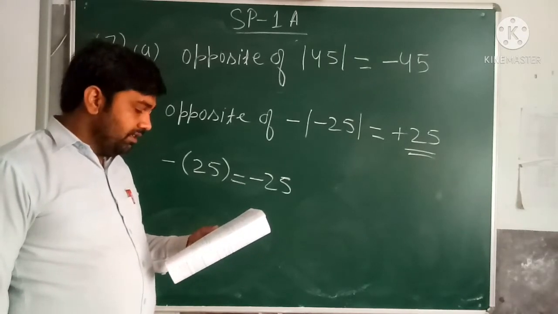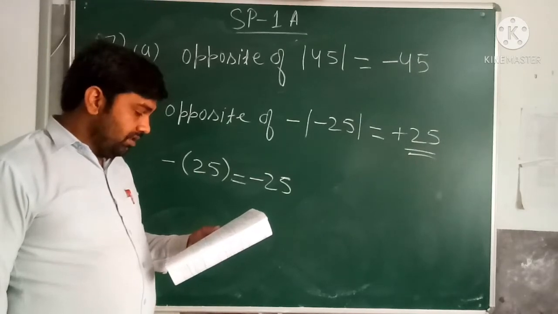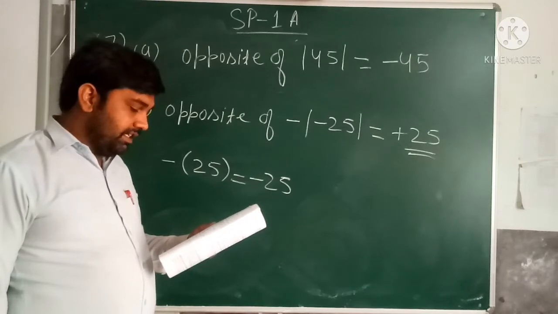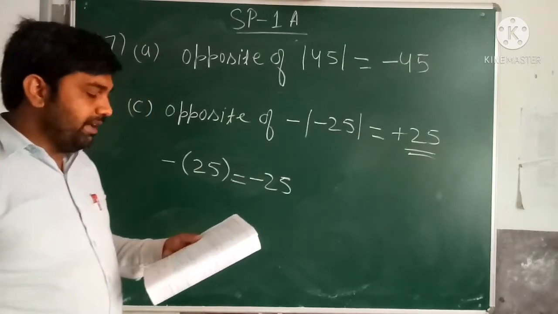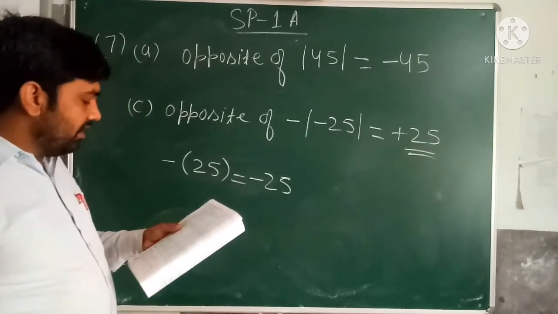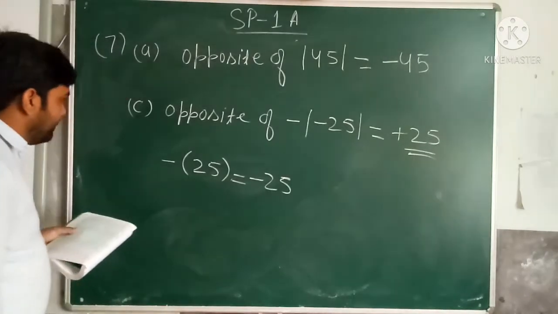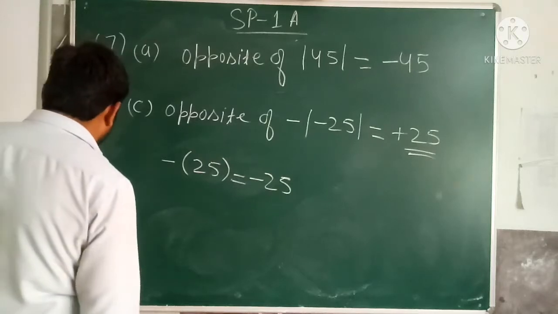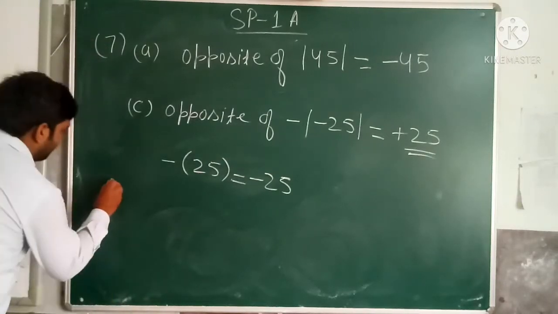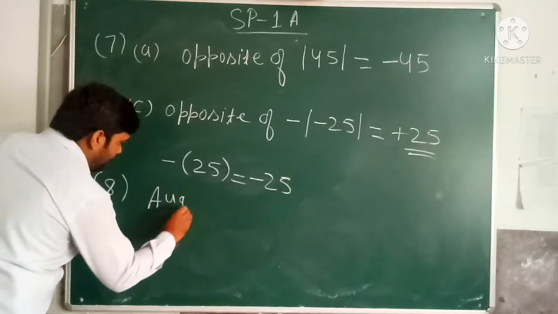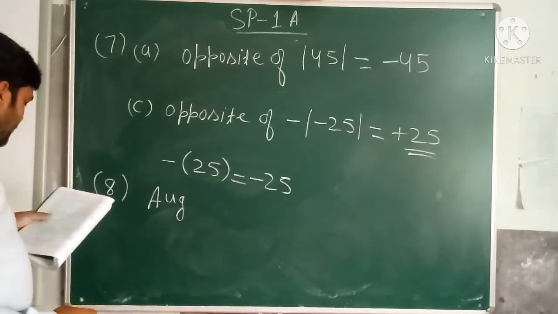You will find 84, 88, 90. Yes, in the month of August the temperature is minus 90. So August will be the coldest. So how do we write the order? First we write August. Okay, August is the coldest.